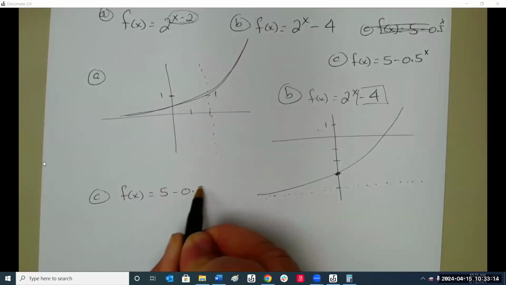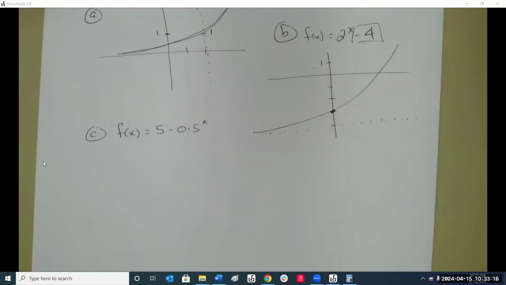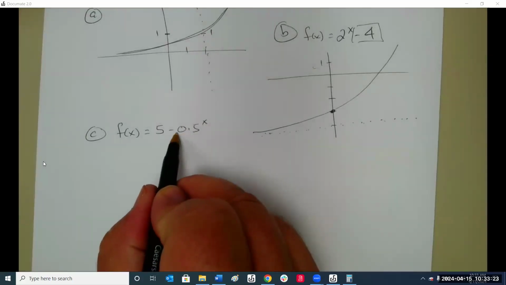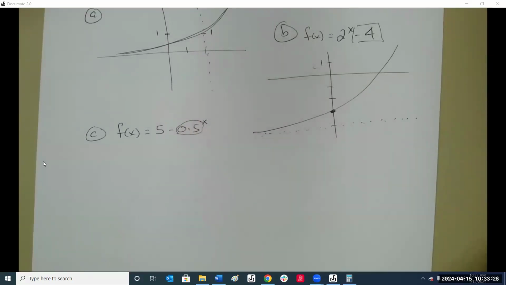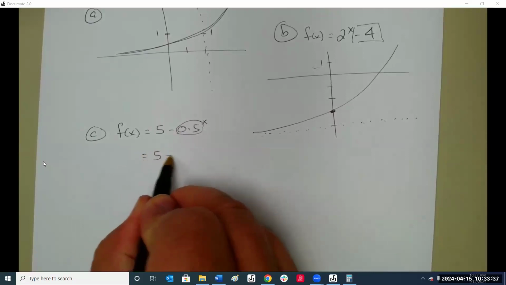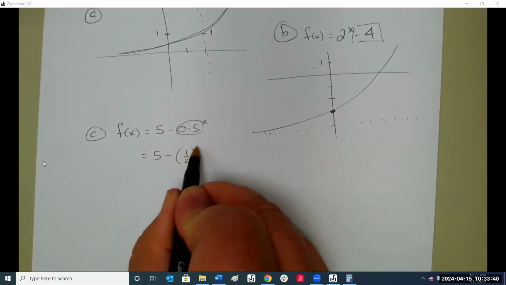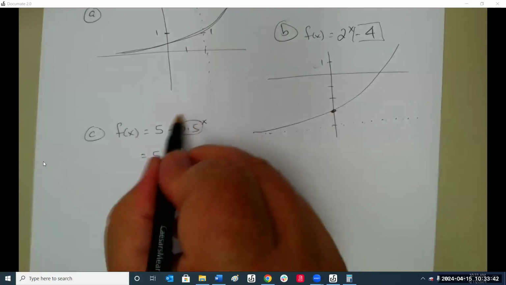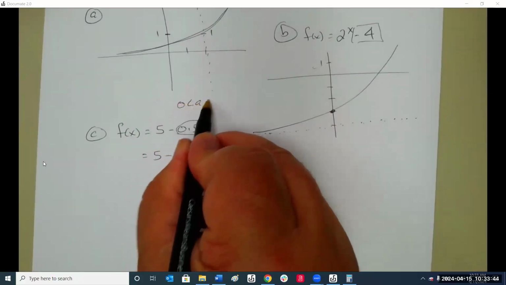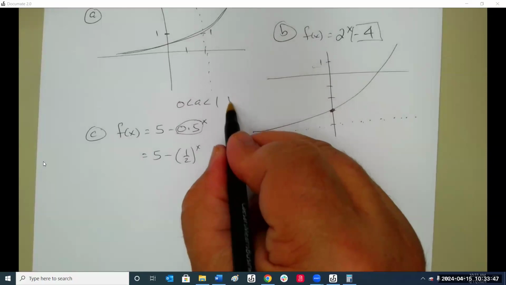Five minus 0.5 to the x. Here's the exponential. What do we know about 0.5? It's a fraction. It's the same as 1/2. Remember, as long as this is between 0 and 1, it's a decreasing function.